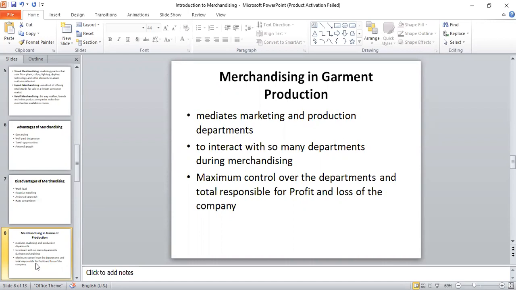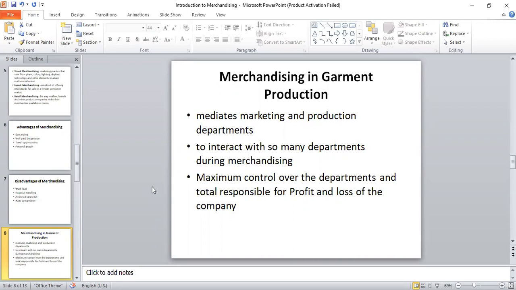But if it is a big production house, then the job of merchandising is specified and divided according to the function of merchandising, for example marketing, sourcing, sampling, product development, planning, etc. The few points are these. The merchandiser mediates between the marketing and production departments and has to interact with many departments.